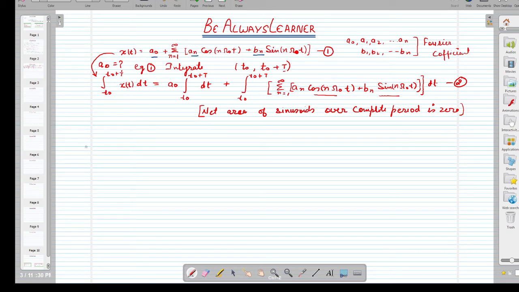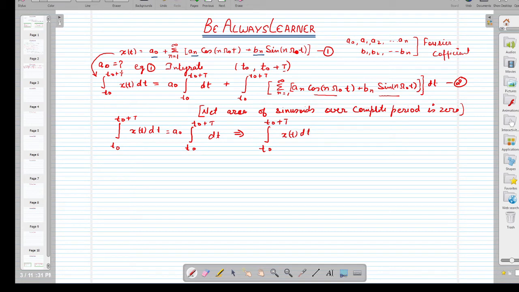So we can write this integration from t naught to t naught plus capital T xt dt is equal to a naught integration t naught to t naught plus capital T dt. Now we have to integrate it.